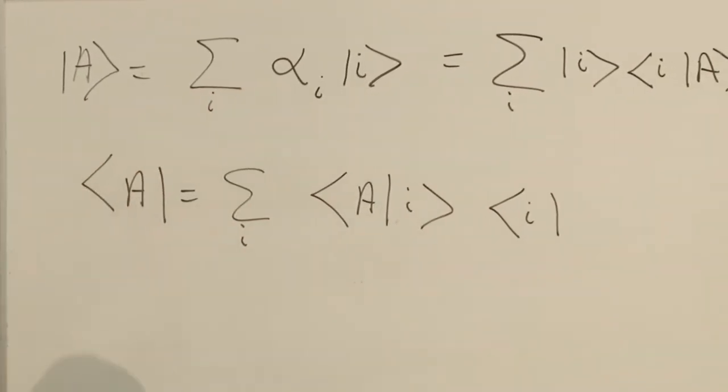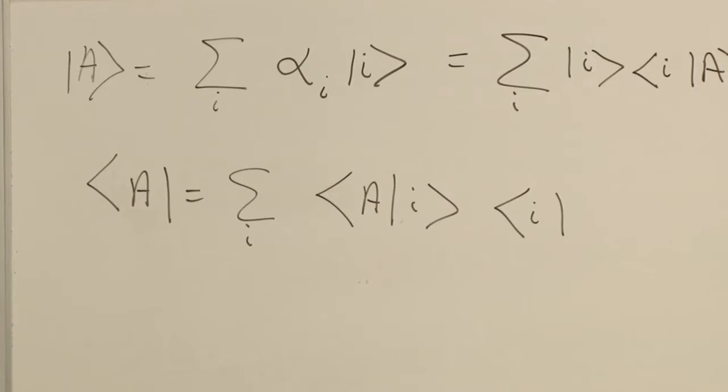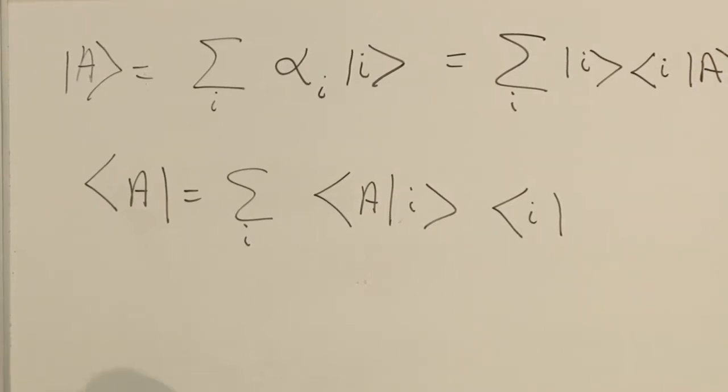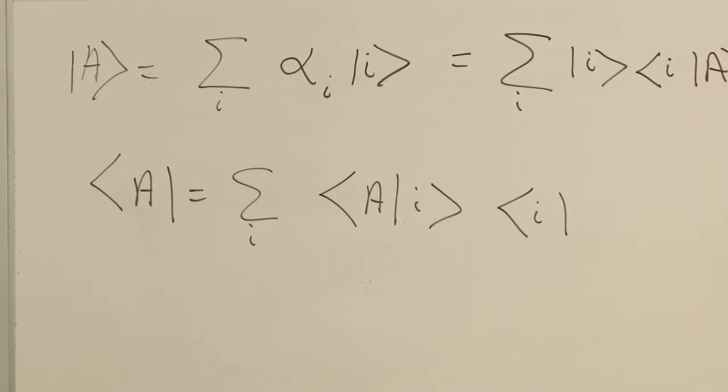The basis bra vectors are just the complex conjugates, if you like, of the basis ket vectors. Both of these equations are true, and we're going to find out that they're enormously useful. They're enormously useful and powerful, even though they were very, very simple.